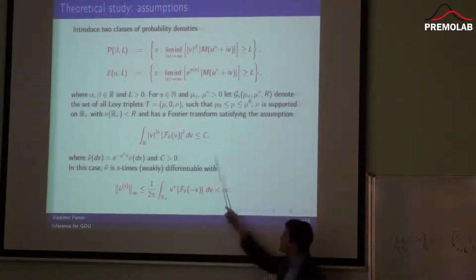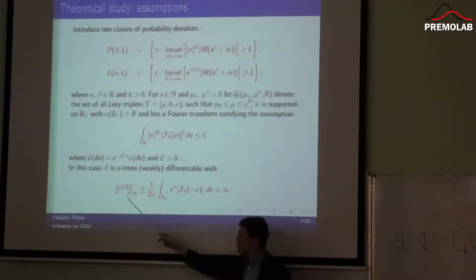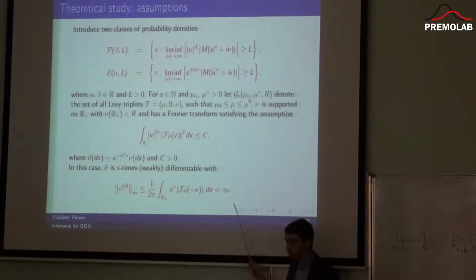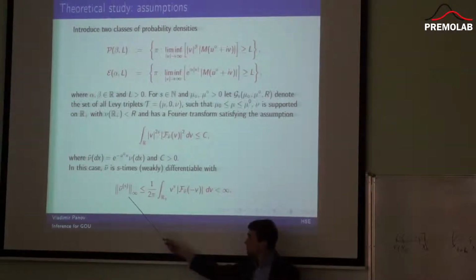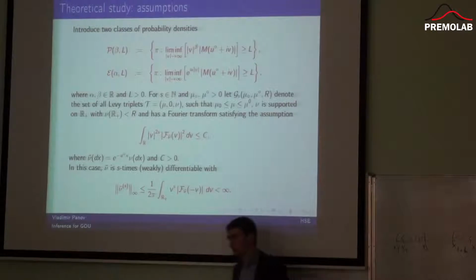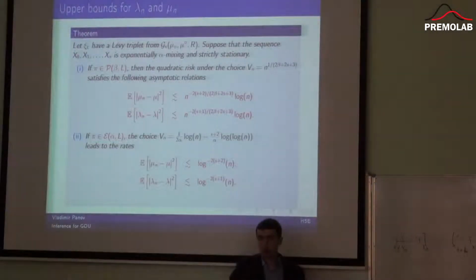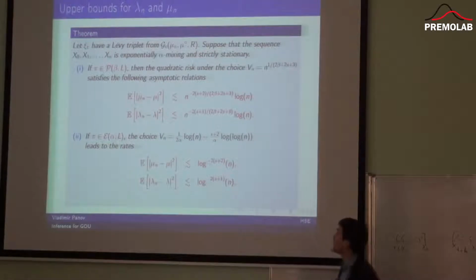So from this condition on the Fourier transform, it follows that the derivative of the Levy measure is finite. Sometimes we can use the condition on the derivative. The condition is weaker, but it's enough for proving many facts. So the first result is the upper bound for our estimates for lambda and mu.